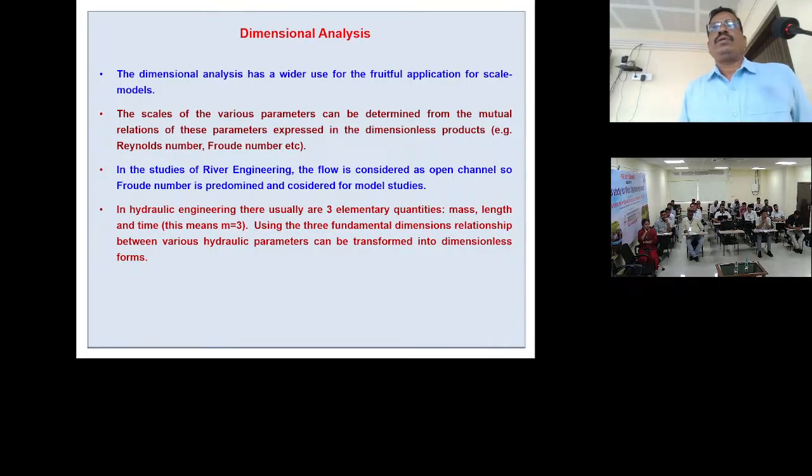Before model studies, we should know about dimensional analysis. Dimensional analysis has a wider use for the fruitful application of scale models. The scales of the various parameters can be determined from the mutual relations of these parameters expressed in dimensionless products: Reynolds number, Froude number.